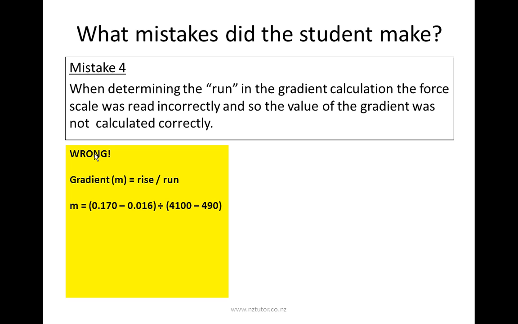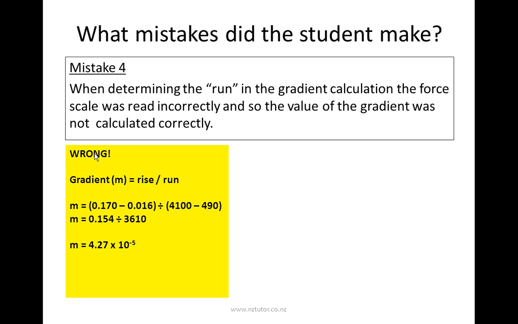The student used these values for rise, 0.170 minus 0.016, divided by the run, for which the student used values of 4100 minus 494. Now, if you actually look closely at the student's graph, they've read this incorrectly off the graph, and so those numbers for run are not quite correct, which means these numbers are not quite correct. 0.154 divided by 3,610, that's not correct, and so the final calculation of 4.27 × 10^-5 is incorrect as well.